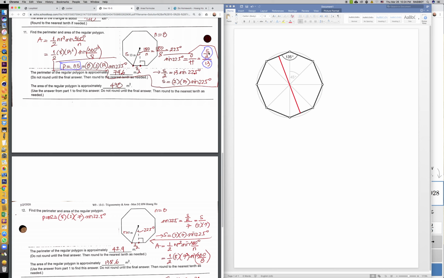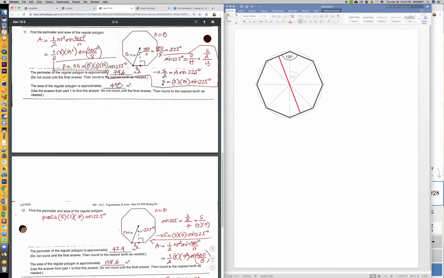So now first I solve for s over 2. So s over 2, I cross multiply 13 to the front of sine 22.5 degrees. And now I don't want the number 2 here, so I can cross multiply the 2 up here. Okay. So now I got s equals 2 times 13 times sine 22.5.